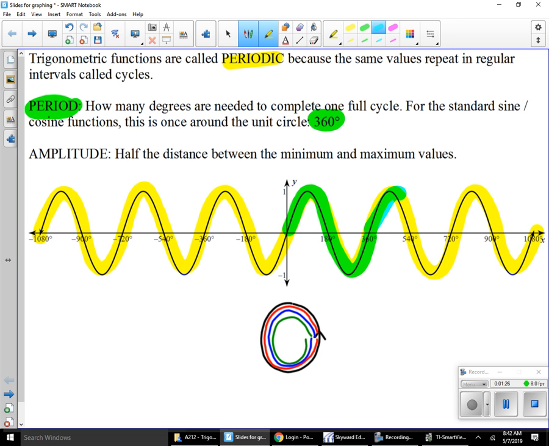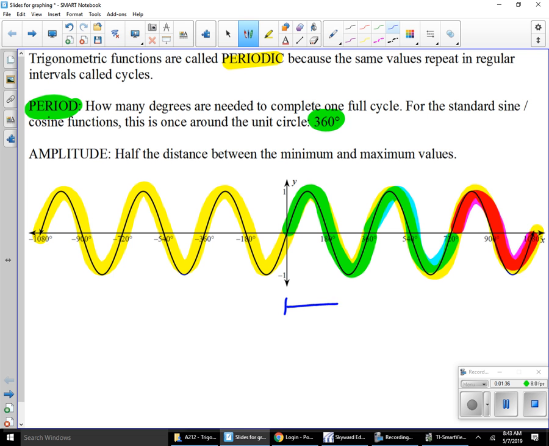And note, when you do that, the same values just get repeated. So in Algebra 2AB, we mostly just focus on that first period, that first chunk of values. If you choose to take some classes beyond Algebra 2AB, you will play around with negative angles and angles bigger than 360. You'll go quite a bit further than we will here.